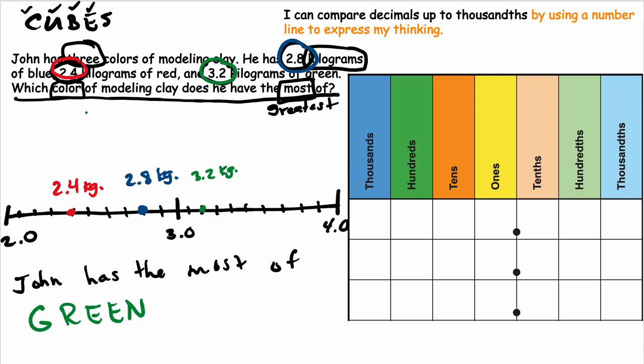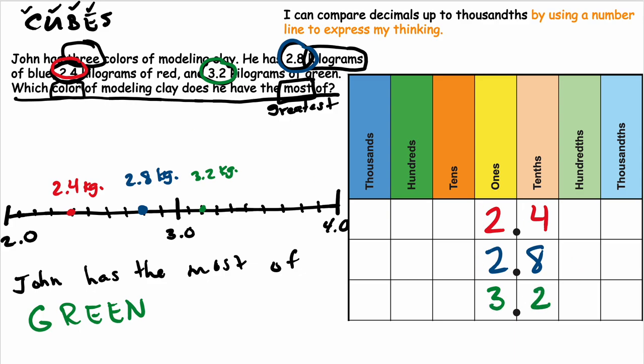Let's look at this on our place value chart to double check our answer. So 2 4/10, that's going to be 2 ones and 4/10. We have our blue modeling clay of 2 8/10, and then we have our modeling clay of green at 3 2/10.